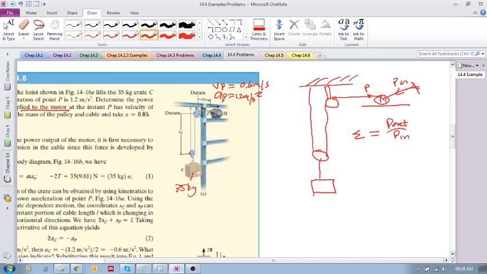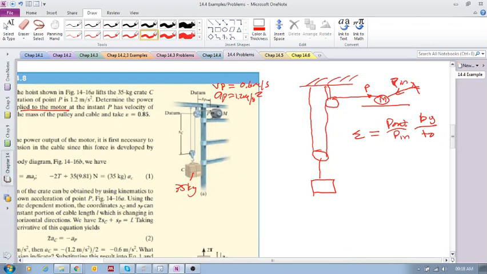This power coming in is what they're asking about: how much power is supplied to the motor? So the power supplied to the motor is power in, and power supplied by the motor is power out. So please take note: supplied by, supplied to. So we're looking for this P in.